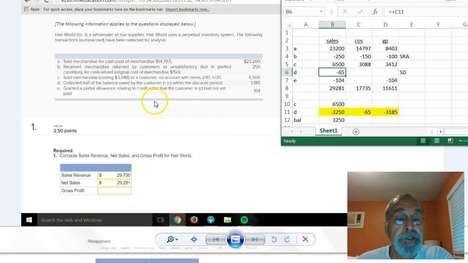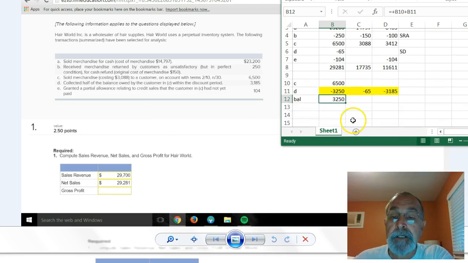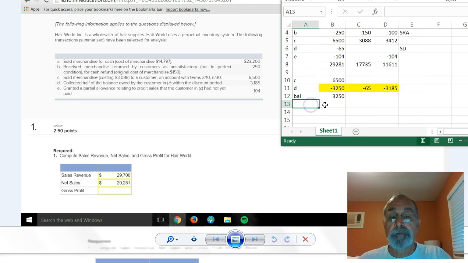Okay, now in transaction E, we granted a partial allowance relating to credit sales that the customer in C had not yet paid. So on this remaining balance of $3,250 in transaction E, we are simply granting an allowance.